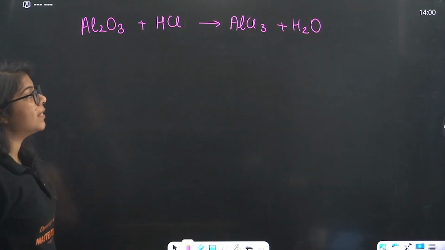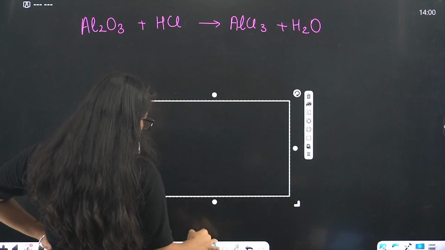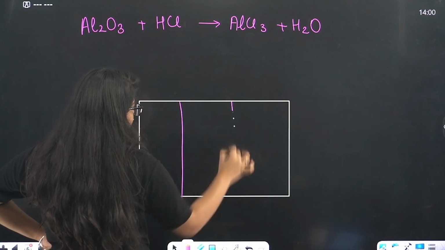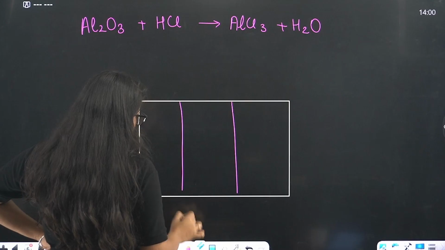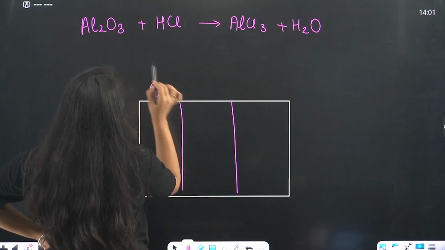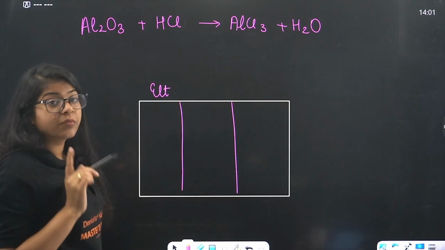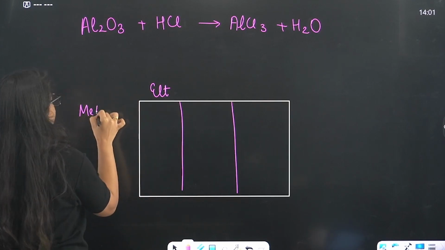Now, beta, look at this carefully. What we will do? We will first make a box and divide this box into 3 equal parts. The first part is elements. First, we have to write metals.